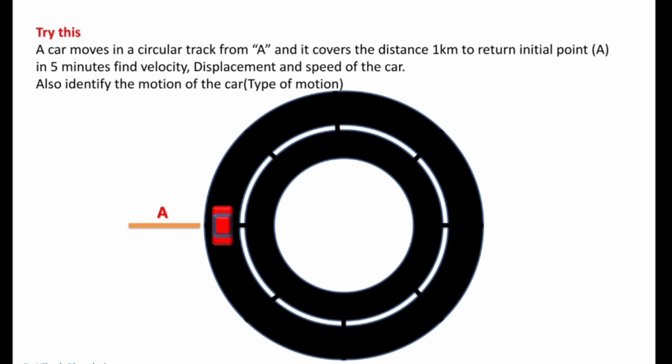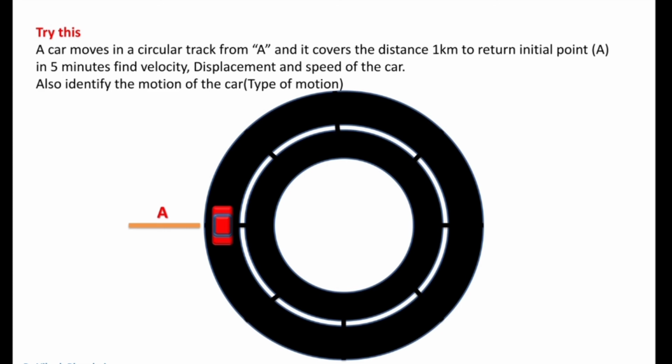It covers a distance of 1 kilometer to return to the initial point A. That means the car moves in a circular direction from A and comes back to A. The distance covered is 1 kilometer and the time taken is 5 minutes. Then find the velocity, displacement and speed of the car. Also identify the motion of the car, that is, which kind of motion it possesses.